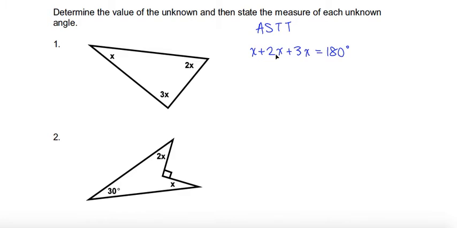So x plus 2x is 3x, and 3x plus 3x is 6x. So 6x is 180 degrees.